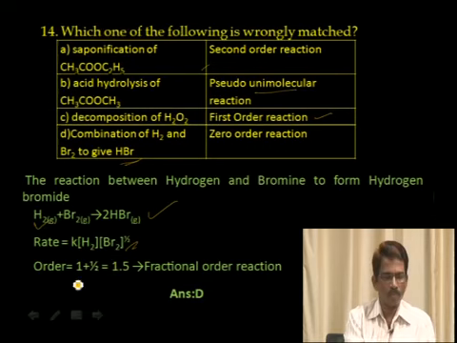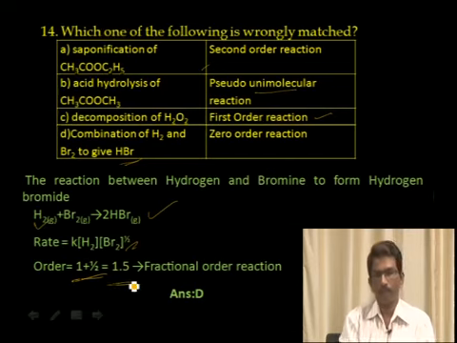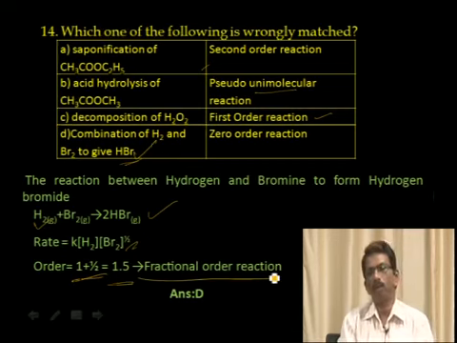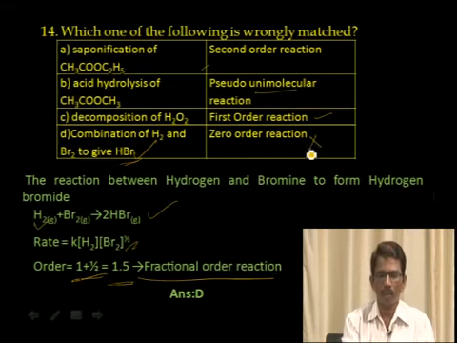When you add the powers, order of the reaction is 1 plus half, that is equal to 1.5. Definitely the combination of H2 and Br2 to produce HBr is an example of a fractional order reaction and it is not a zero order reaction, and therefore option D is wrongly matched.